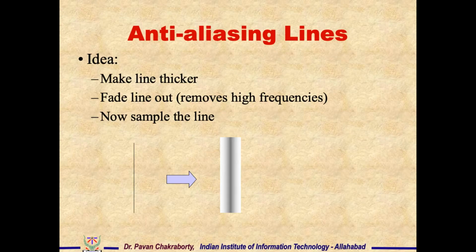However, if I spread the line over a larger number of pixels, the sharpness of the line goes away. And therefore, to maintain the sharpness of the line, instead of using a flat curve, I could use a varying curve, a curve which will damp exponentially down, making the line look as sharp as before.